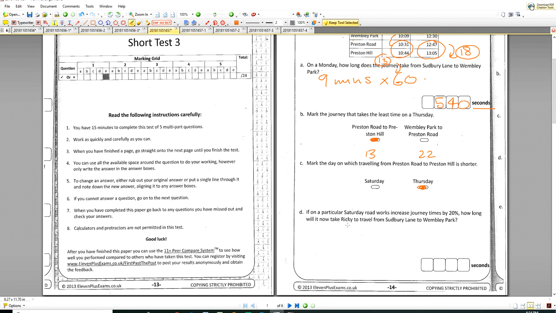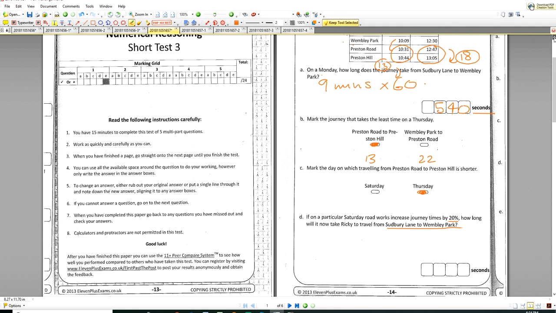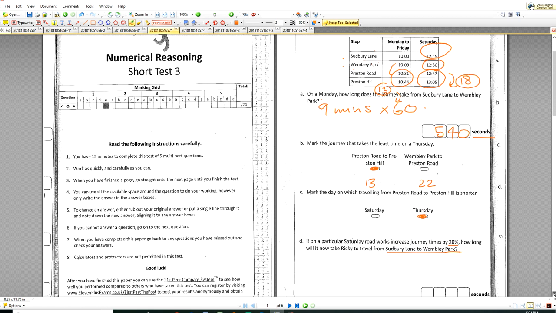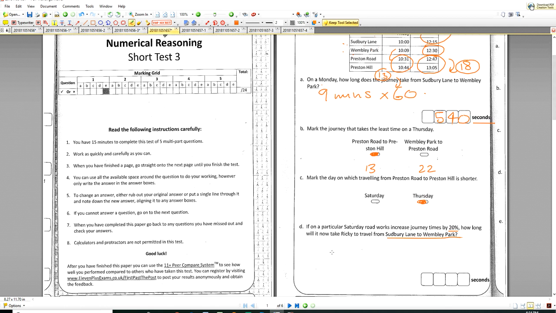Okay, if on a particular Saturday roadworks increases journey times by 20%, how long will it now take Ricky to travel from Sudbury Lane to Wembley Park? Let's go back up here. Sudbury Lane, and we're going to travel to Wembley Park. Okay, so we're doing 12:15 to 12:30. So that will give us a time of 15 minutes.